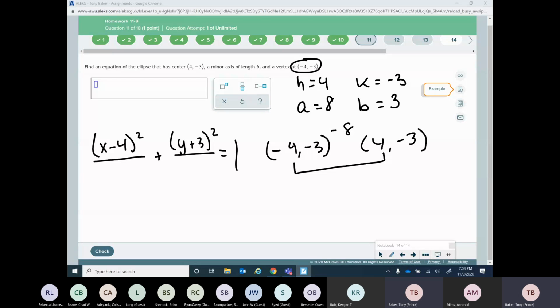So since they gave me my vertex, that has the x changing. So that means my A is going to go over to my x. So that's the 64. And my B is in the other spot. So if they're giving you the vertex, whichever one changes there is where my A goes. If they gave me my co-vertices, it'd be the opposite. That'd be where the B is going to go.